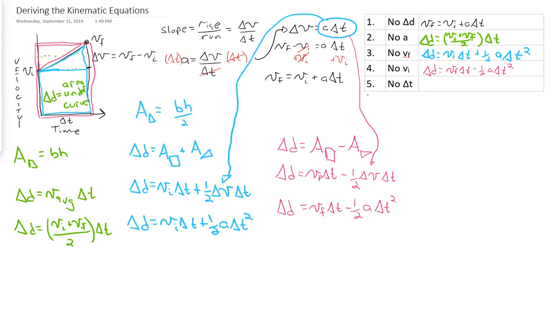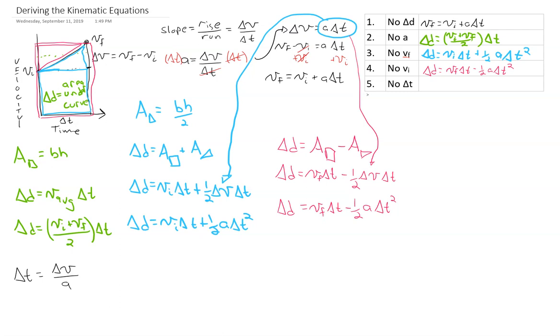Here I have velocity equals A delta T. So if I change that around, if I divide both sides by acceleration, I'll get change in time is equal to change in velocity divided by acceleration. That's from equation 1.